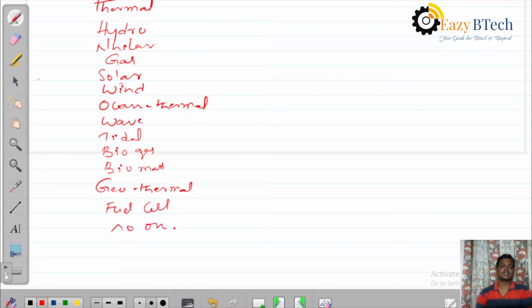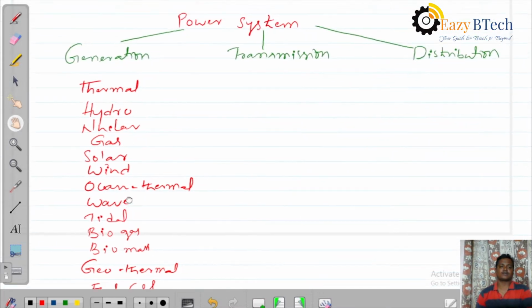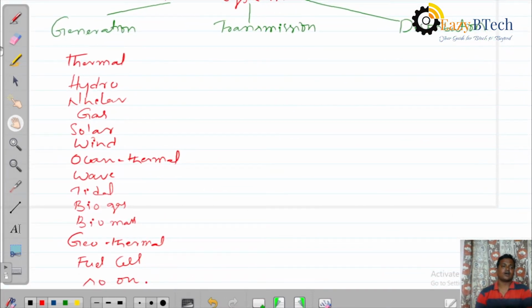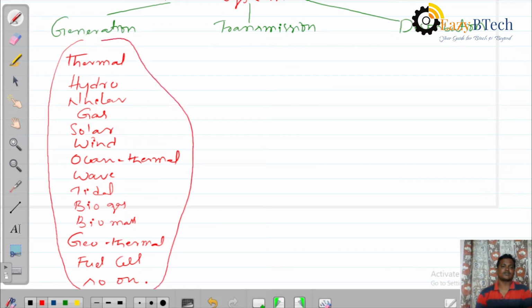Lot of techniques is there to generate the electrical power. Okay, now these are the different generating techniques. By using those techniques and so on, we will generate the electrical power.